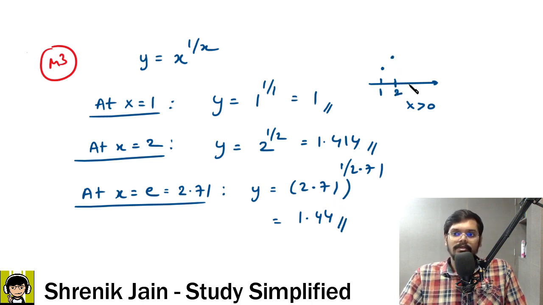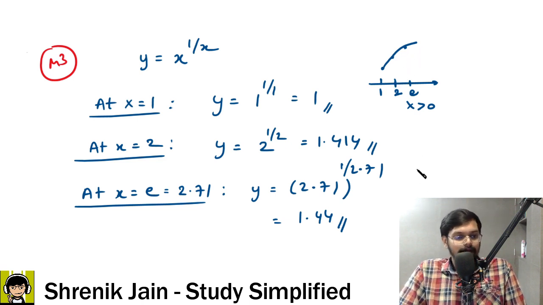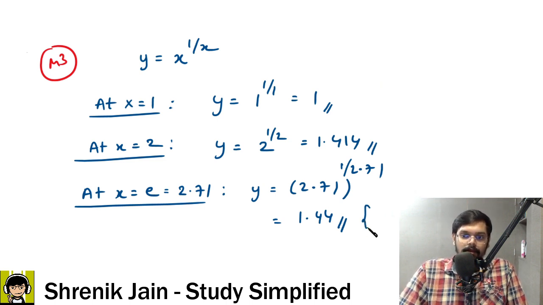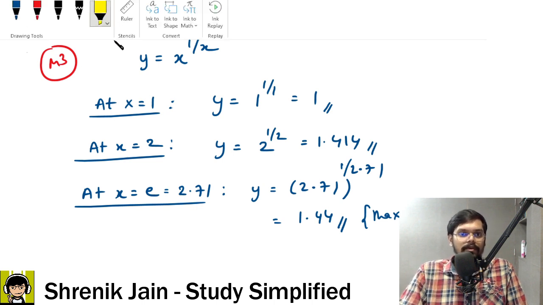Then we checked for x is e, we got a higher value. So we can see we are getting the maximum value, right? If it was a minimum, it would look like a cup shape, but this is not a cup shape, so it's a maximum. So by just the analogy, we know that the values keep on increasing, so this is the maximum. So at x equal to e, we are at maxima.